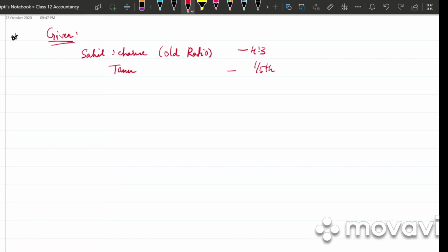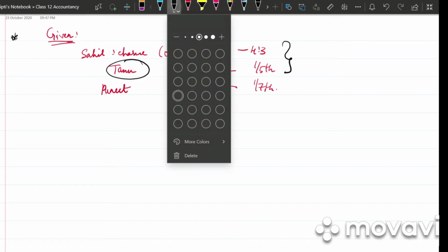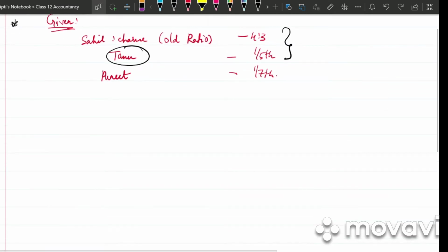And after that they have said even Puneet was admitted as a new partner for 1/7 share. But before we continue, first we need to find out the new ratio of Sahil, Charu and Tanu, because first Tanu came into the partnership. So how do we do it? It is the same way we worked out yesterday's problem.